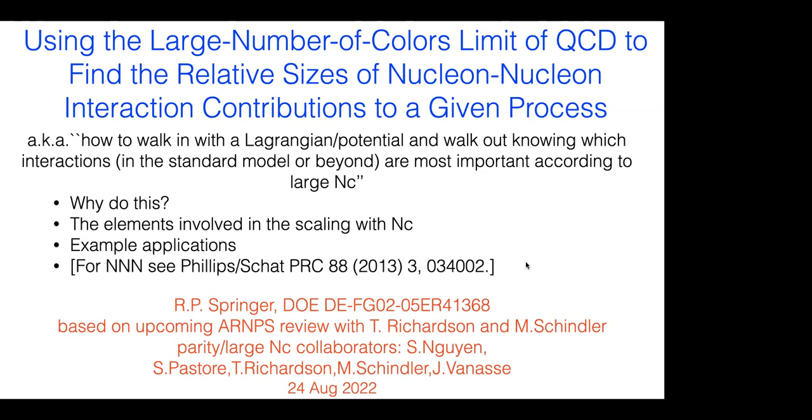So we'll talk a little bit about why one might want to do this. And then I'll go through the elements, and the challenge is that each of the elements a little bit depends on the others, and so it's not really clear to me at this point what the most effective way of presenting them is.